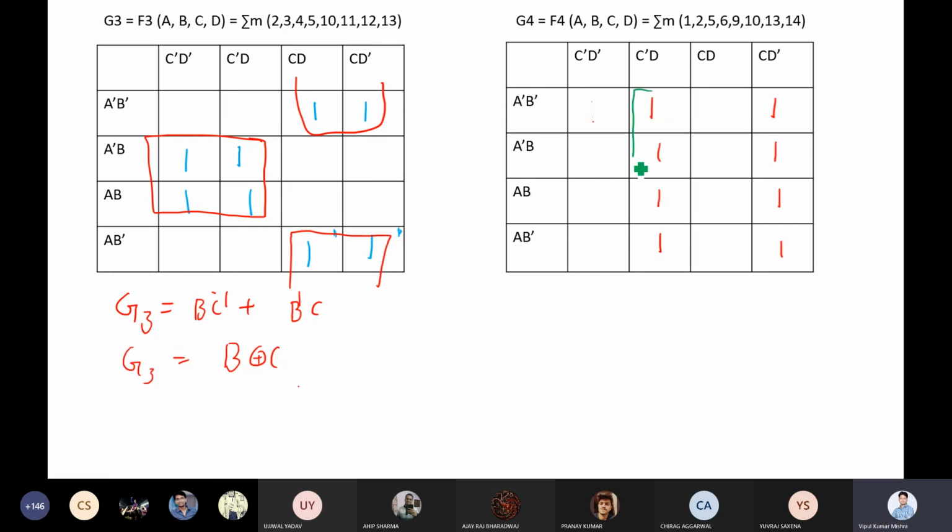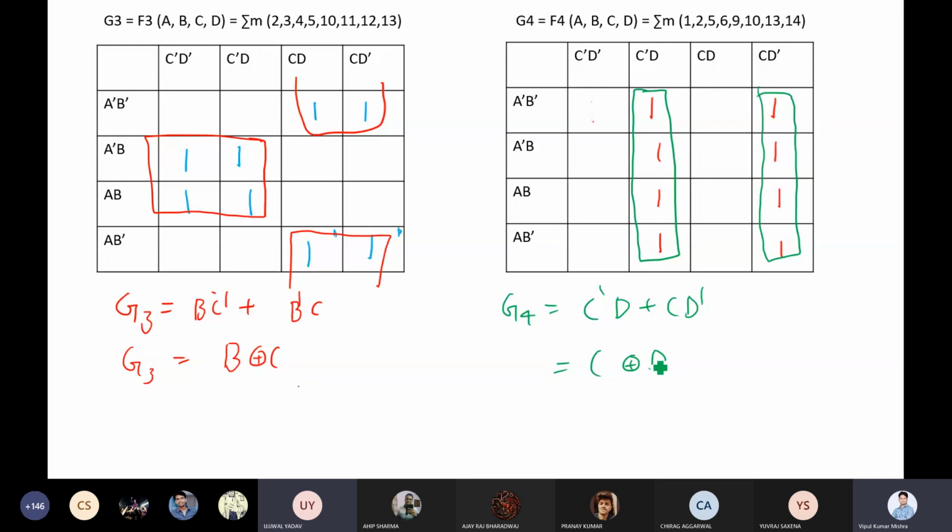Okay, so now we have one quad here and we have another quad here. So then we will get the function of G4 equal to C bar D, yes, C XOR D. Right. So then you got all 4 functions. Now I want to make a circuit for that.